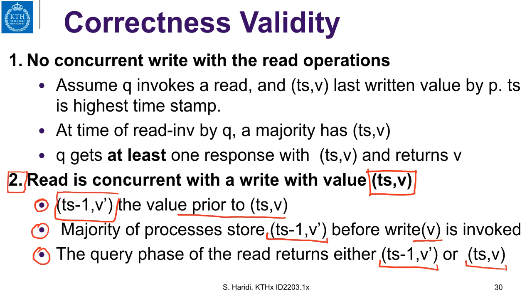It will return the previous write, TS minus 1 V prime, if the update phase of the concurrent write is not delivered at any process in the majority consulted in the query phase. Otherwise, there is at least one process with the timestamp value pair TSV, and the query phase will return this pair, and that pair is the one that is going to be adopted.